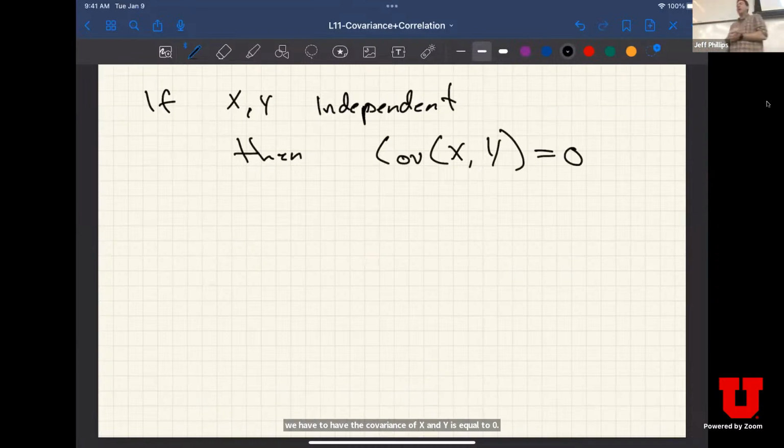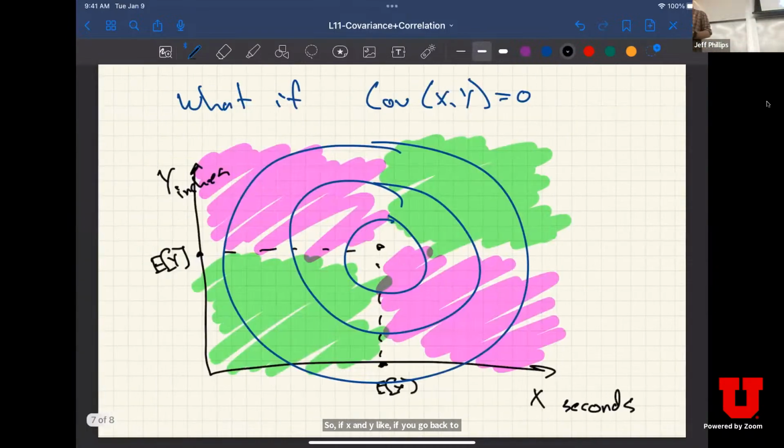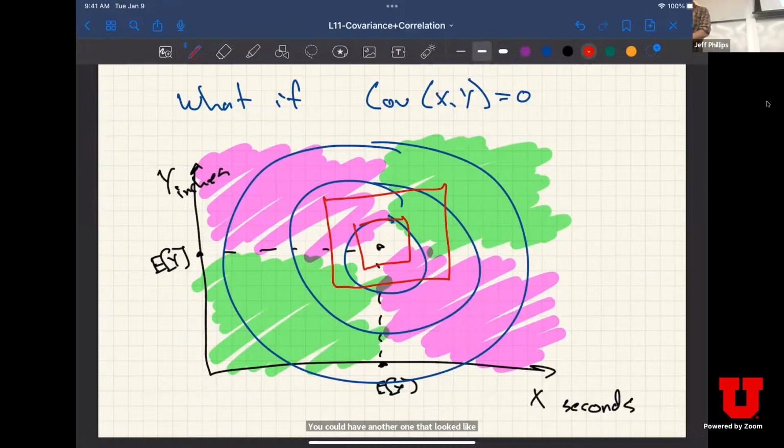If you go back to this picture, when I get a distribution that looks like this, I get the same density no matter where I cut it. The height might be lower, but they're going to be independent of each other. You could have another one that looked like this, where I got squares.